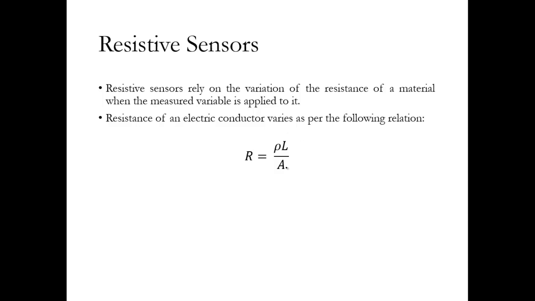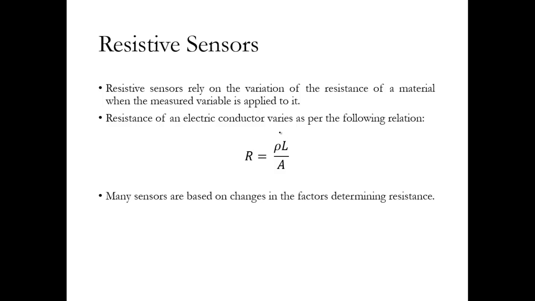So if we are able to change the area, we can change the resistance. If we are able to change the length, we can change the resistance, and if we are able to change the resistivity, we can also change the resistance. So this change in resistance can be calibrated to those changes.